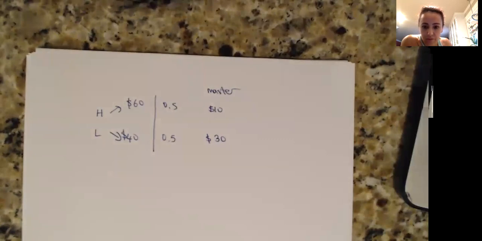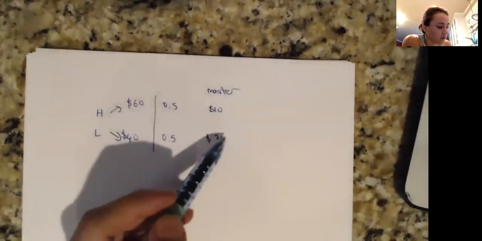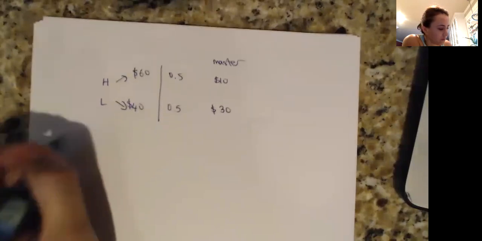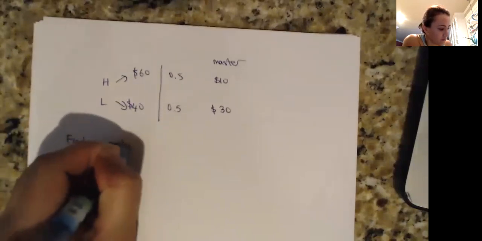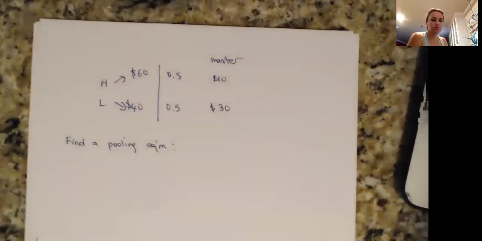Okay, what else do I know? Well, the firm cannot observe the type, but it can observe whether the person has a master's degree or not. So we are going to find a pooling equilibrium. Okay, what is a pooling equilibrium?